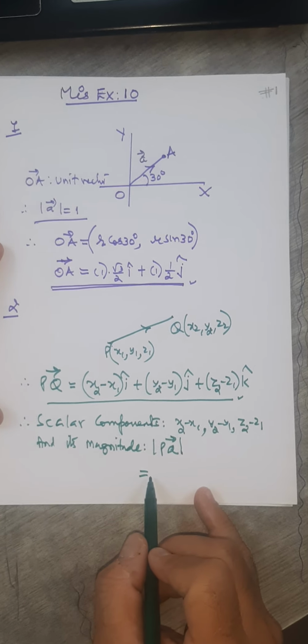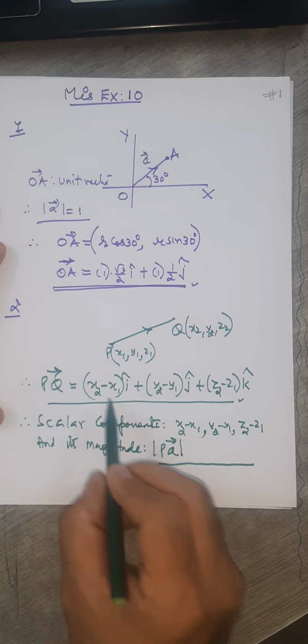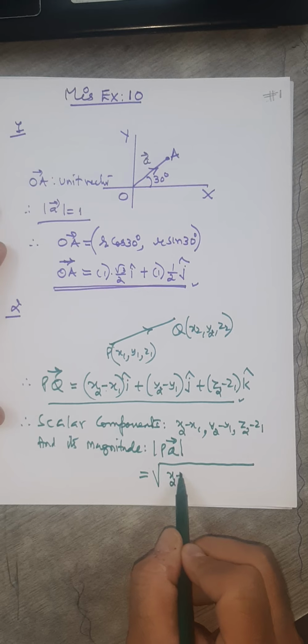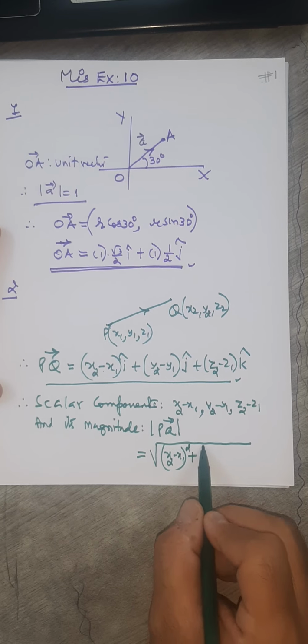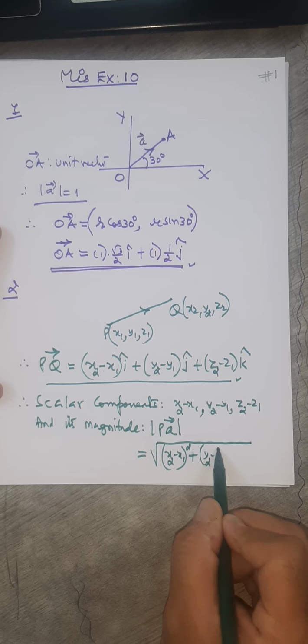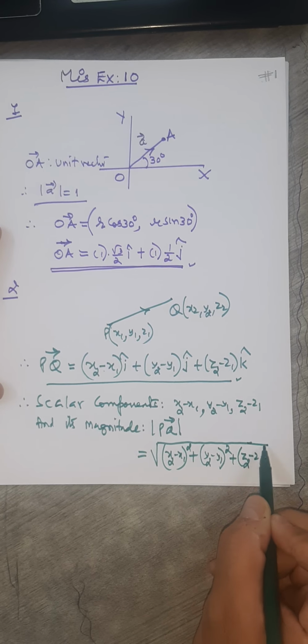That's equals to, how do we get the length of a vector? You know, root of first component square, x2 minus x1 the whole square, plus y2 minus y1 the whole square, plus z2 minus z1 the whole square. That's length of the vector here, remember. Fine.